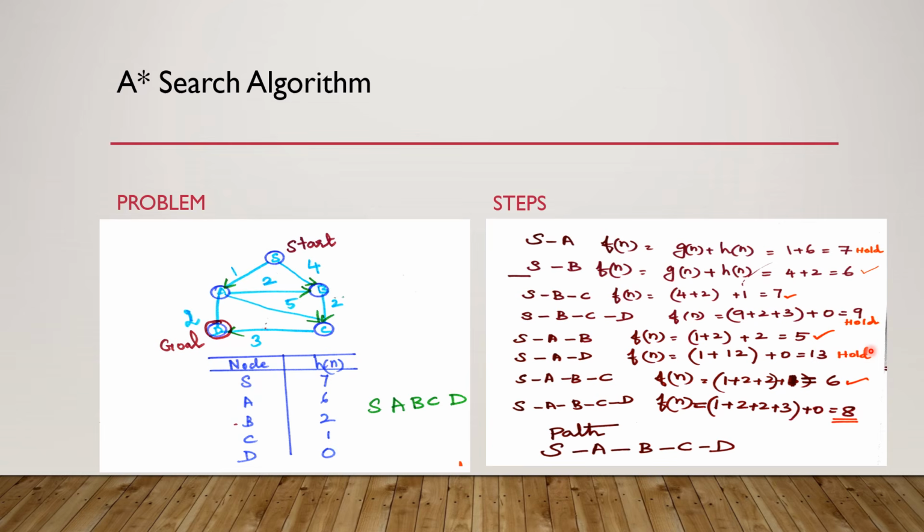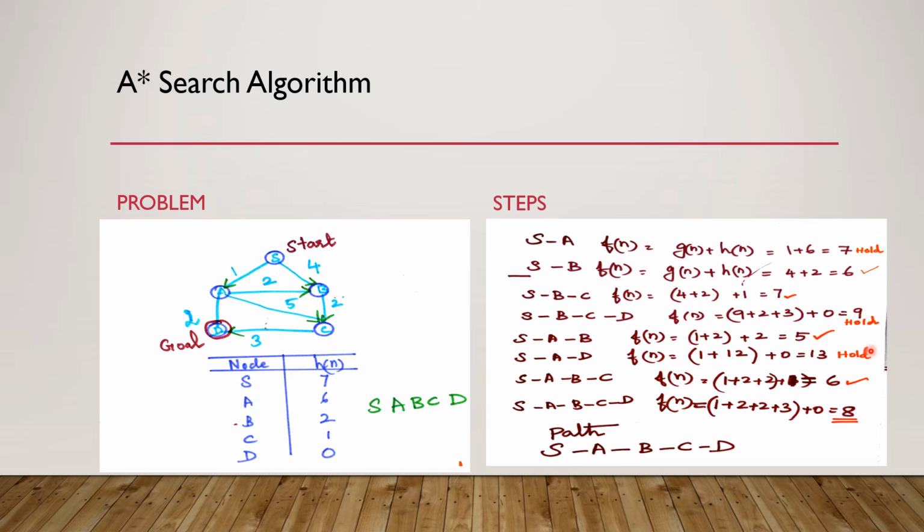We have to take all the leaf nodes and their f of n values, and whichever f of n value is lowest, that path will be expanded for further process to find the optimal path from start node to goal node.